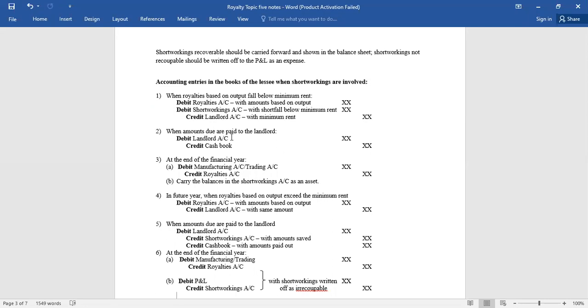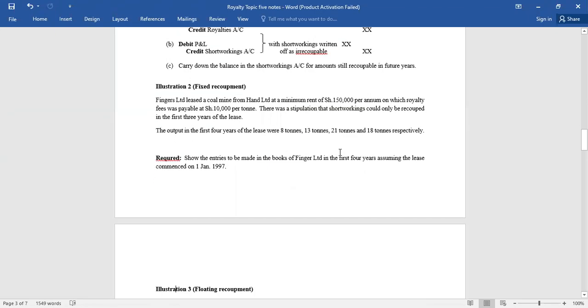So let's have an illustration and appreciate these entries. If you go into your notes, we have the illustration, and I have two illustrations, one depicting the fixed recoupment, and we have another one that depicts the floating recoupment, so that we see how the entries are done.